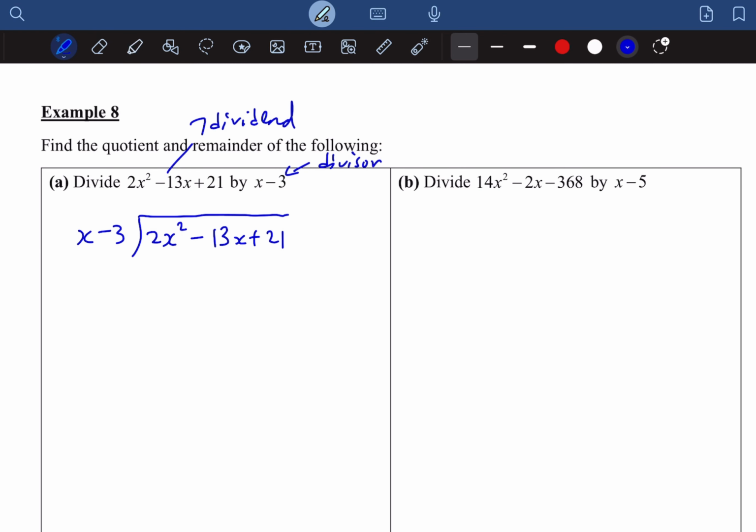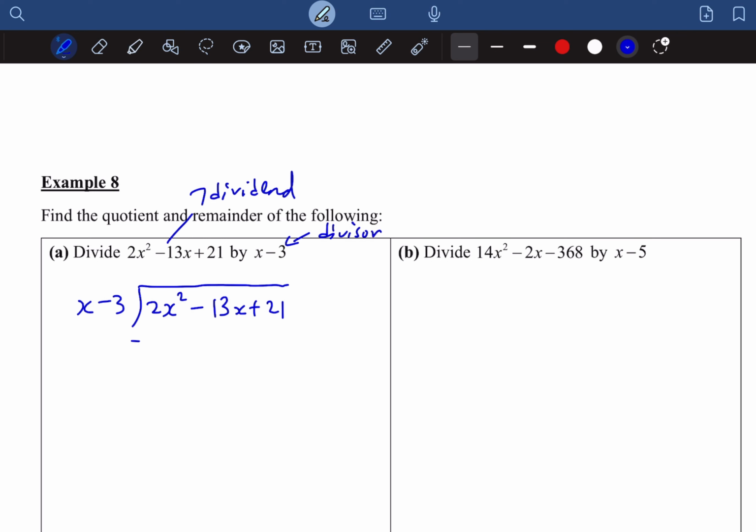Take note there's a minus sign, so remember to put it with the bracket. If I want to remove 2x squared, I must have another 2x squared to remove it. So ask yourself this question: what times x gives you 2x squared? It will be 2x. Have the habit of writing it above the x term of the dividend.